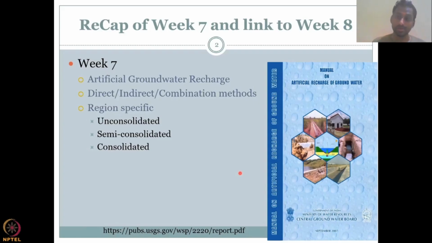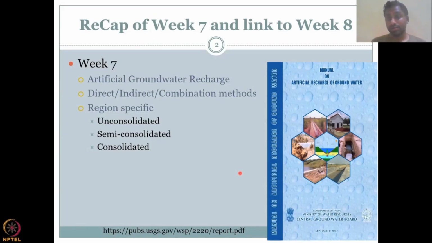In simple terms, direct recharge is making the water slowly get into the ground and recharge the groundwater by creating increased contact between the water and the surface and or residence time.